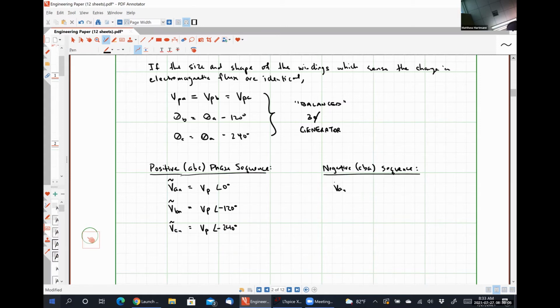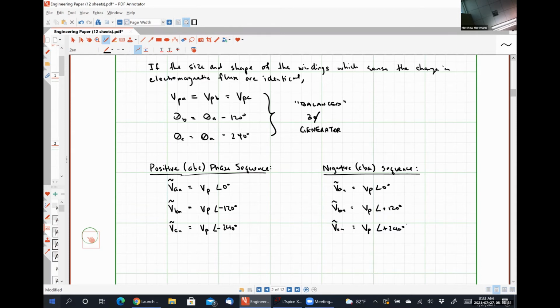Where if VAN is VP angle 0 degrees, then VBN would be VP angle positive 120 degrees, and VCN would be VP angle positive 240 degrees.